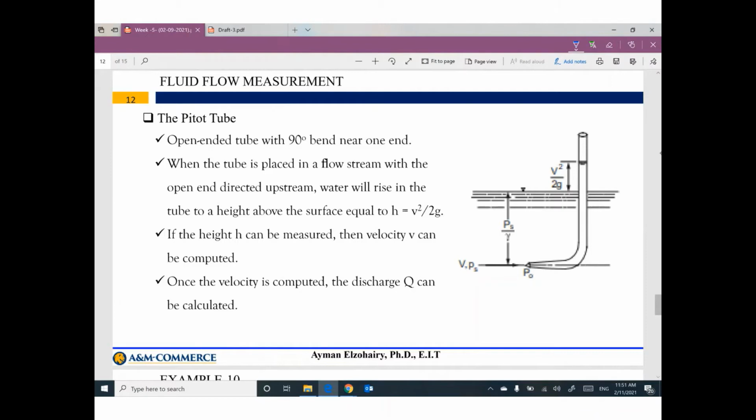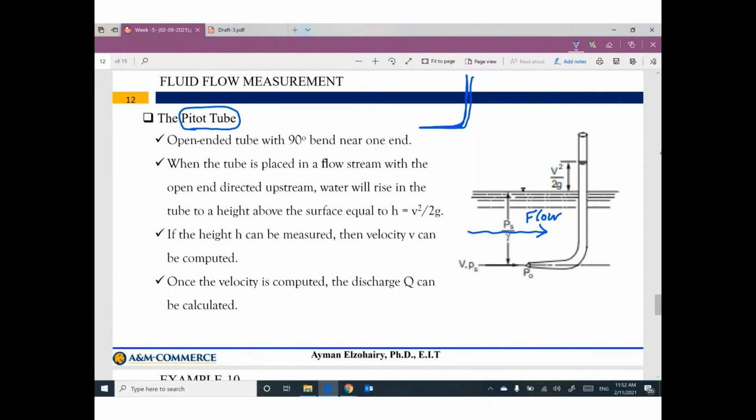We have a little bit of experiment here. We have something called a Pitot tube. A Pitot tube looks like a tube with a right angle shape, L shape, like this. This Pitot tube will be inserted into the water, in the direction of flow like this.